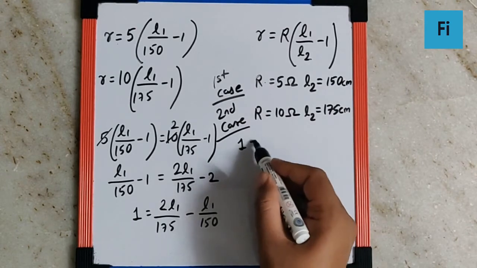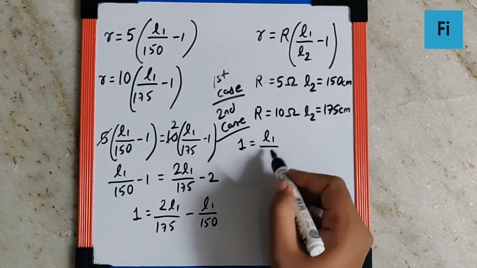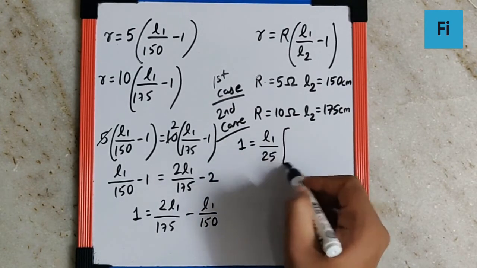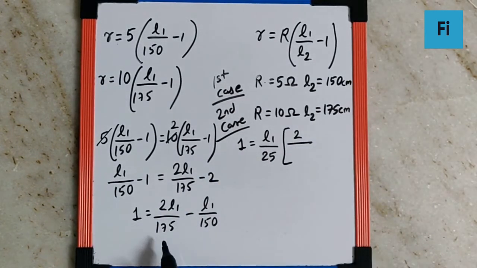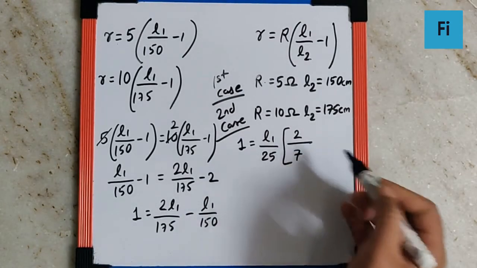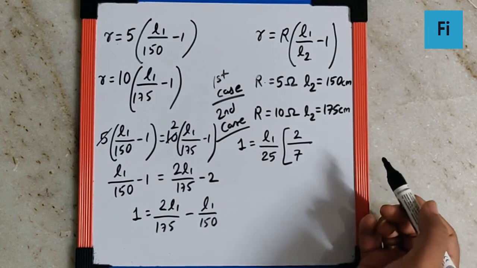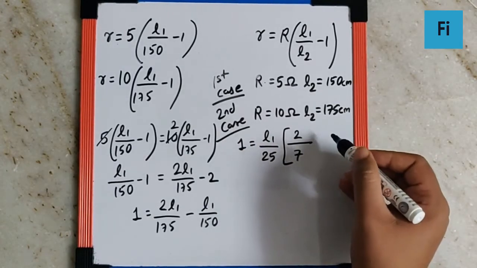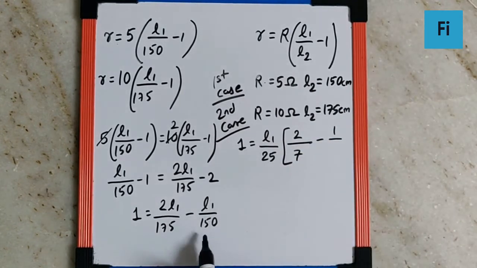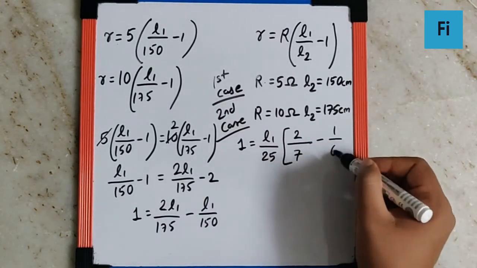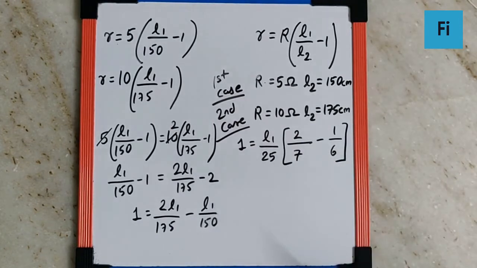So we get 1 is equal to L1 by 25 times, over here we are left with 2 upon 7, since 7 is 175, minus 1 upon 6, since 6 is 150. So we get 1 by 6.